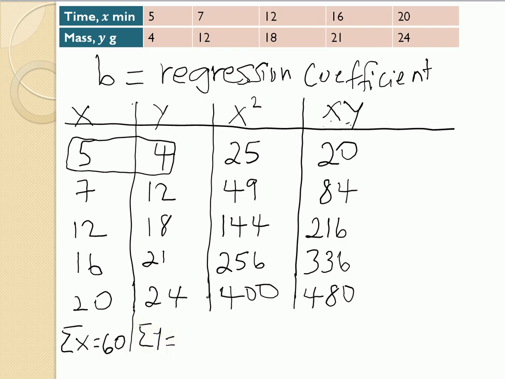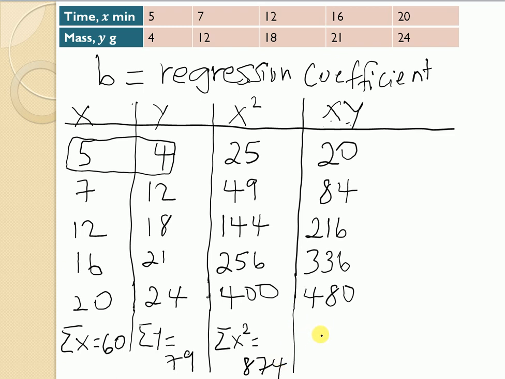That's equal to 4 plus 12 plus 18 plus 21 plus 24, which is 79. Then this is going to be the sum of x squared. That's equal to 25 plus 49 plus 144 plus 256 plus 400, which is 874.